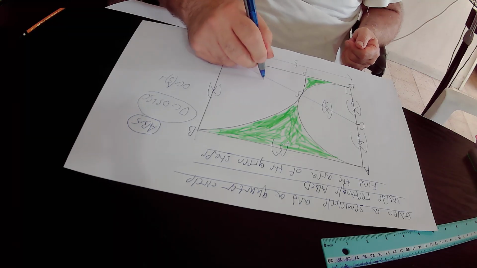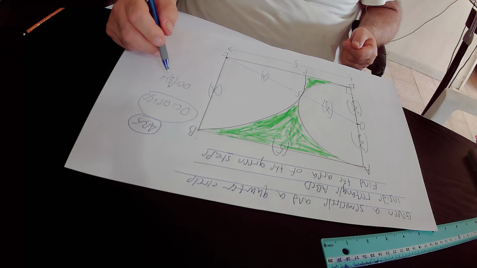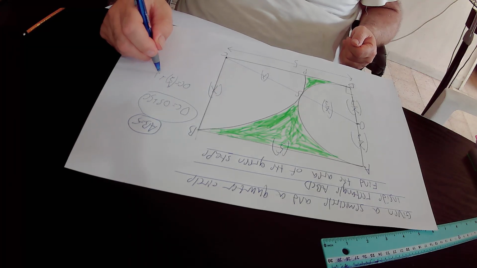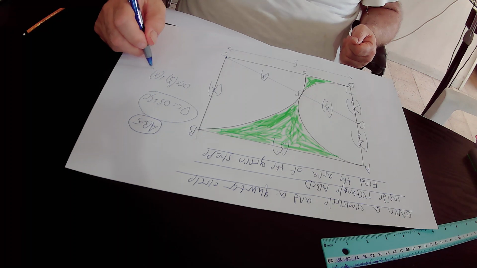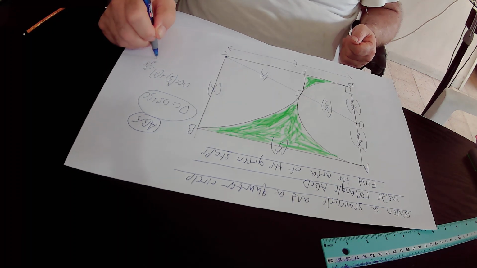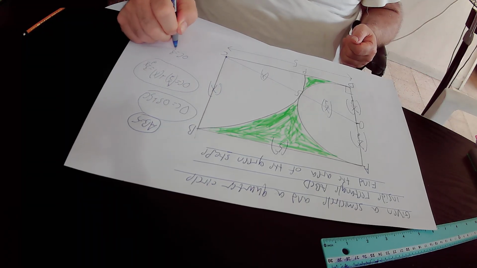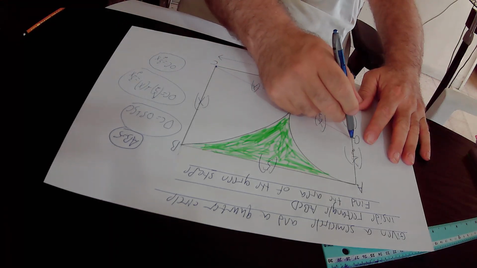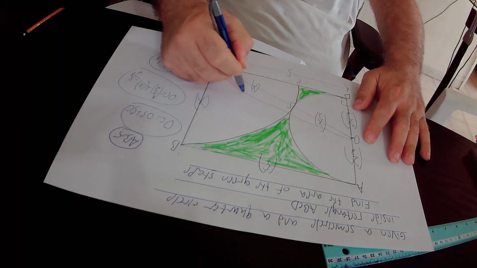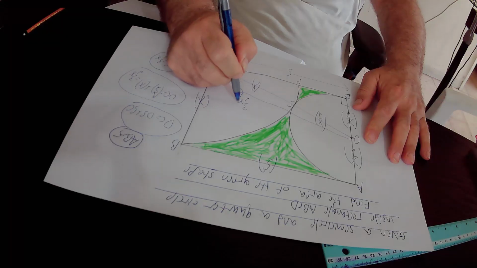So in total, OC equals x over 2 plus x, that is either 1.5x or 3 over 2 times x units in its length. So we found that OC equals 3 over 2 times x units in its length.